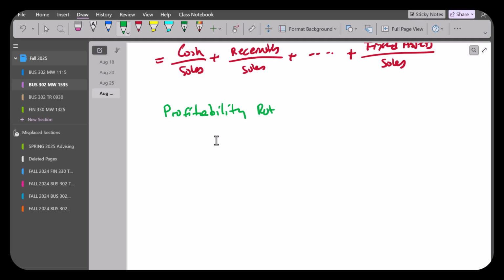These ratios typically we express as percentages. They tell us how much net profit we make per dollar of something.